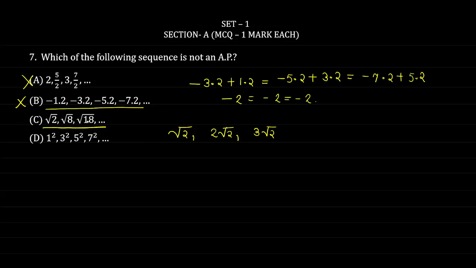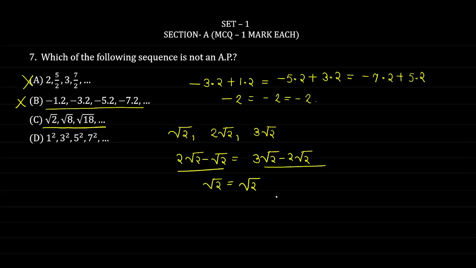Because this is 9 into 2, root 9 taken outside, that is 3, and that is 3 root 2. Now see this. 2 root 2 minus root 2 is equal to 3 root 2 minus 2 root 2. So both are giving me the same common difference, that is your root 2. Correct? That means this is also in AP. That means this is not my answer.